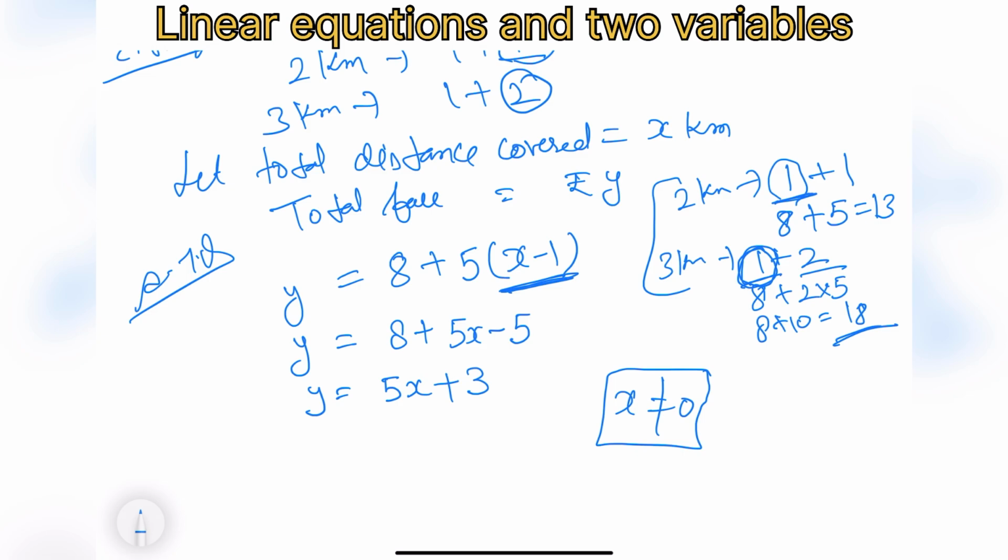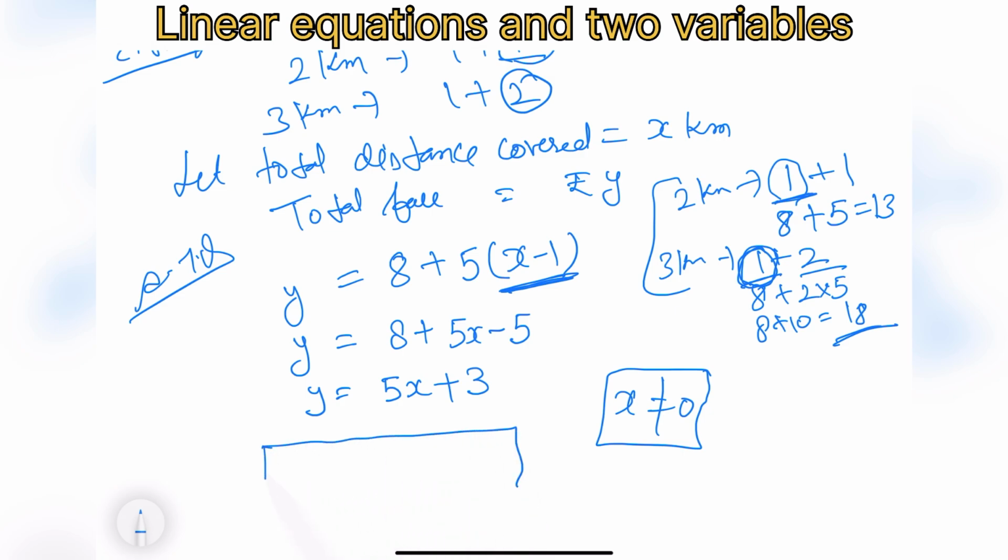If we are not covering any distance, we need not pay any fare. So always remember the condition given in the question: we are covering at least 1 kilometer of distance, for which we have to pay rupees 8. So never take 0 here.